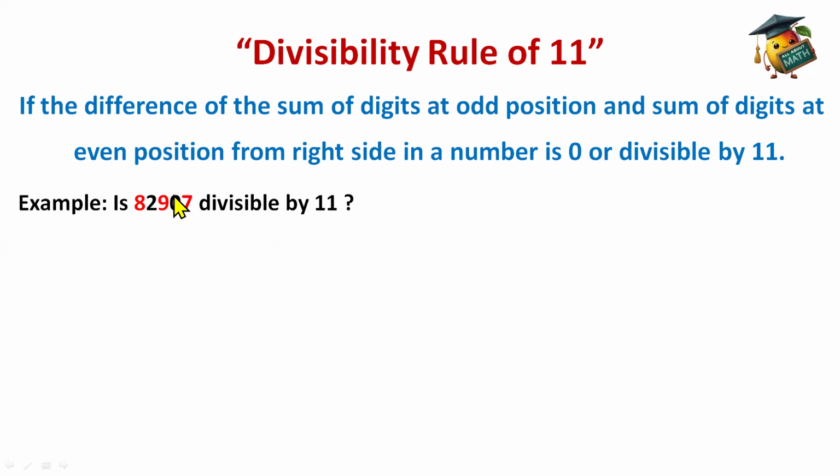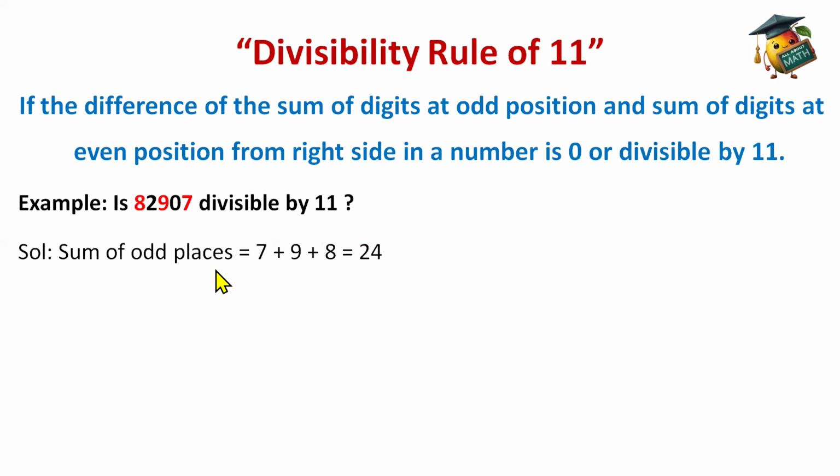This is 1st place, 2nd place, 3rd place, 4th place, 5th place. So we need to take the position of the digits. First position is 7, third position is 9, and fifth position is 8.